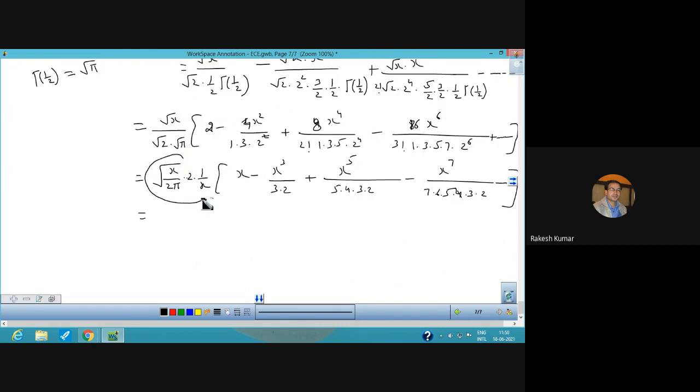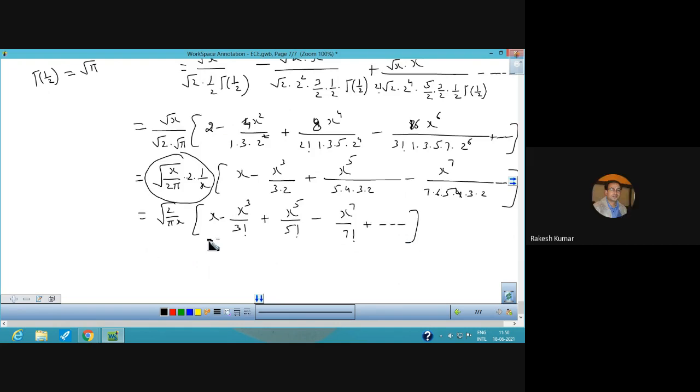Summing up this term, adjust the square roots, so you will have 2 over pi x, and inside this formula can be written as x minus x cube upon 3 factorial plus x to the 5 upon 5 factorial minus x to the 7 upon 7 factorial.